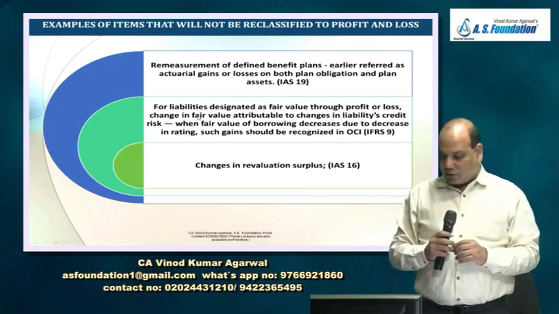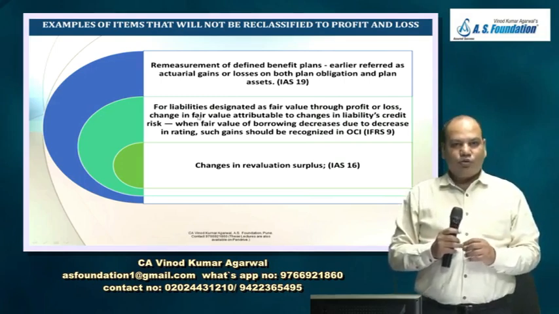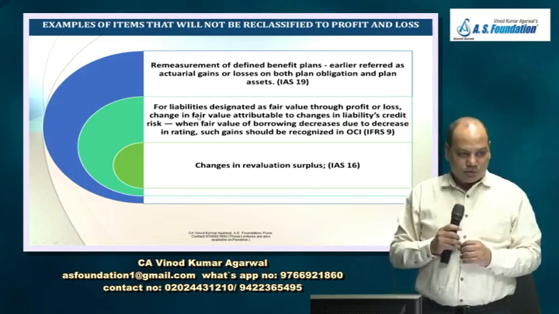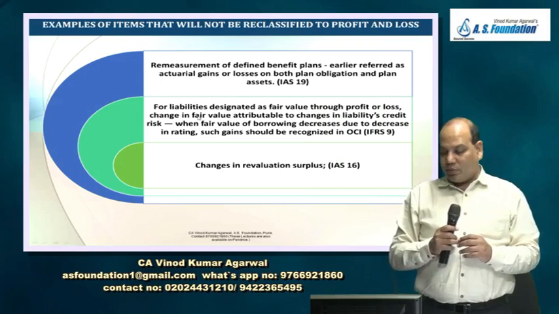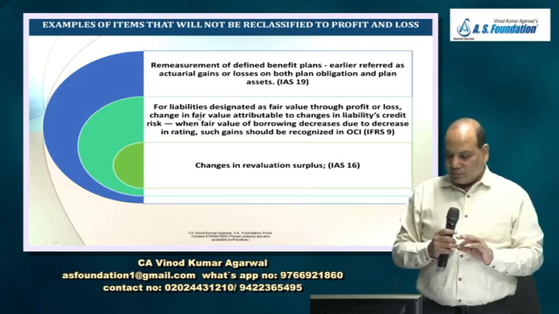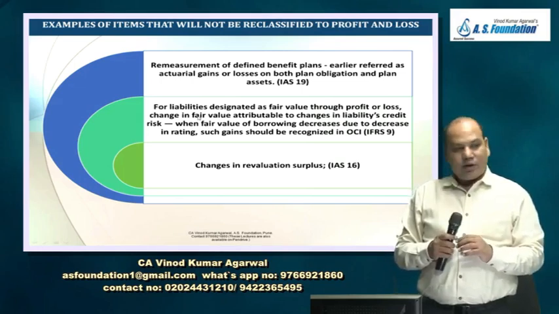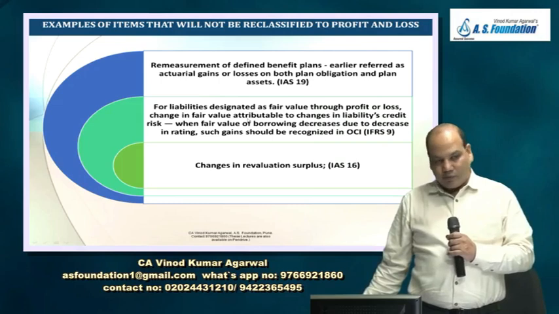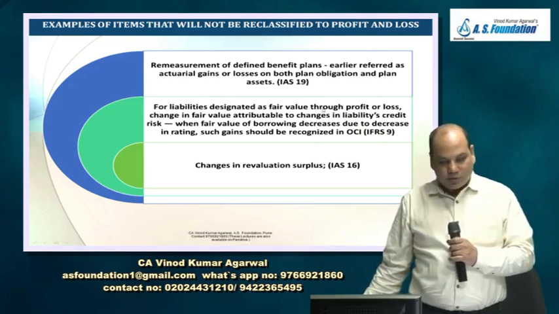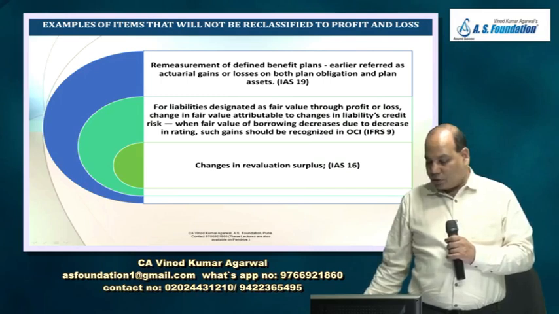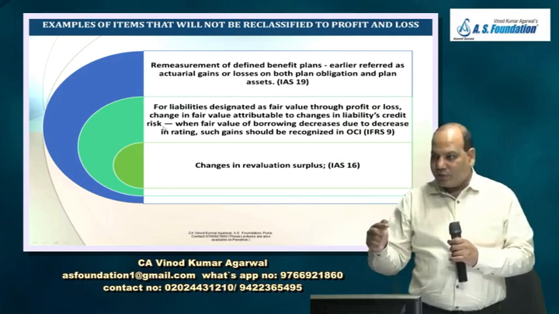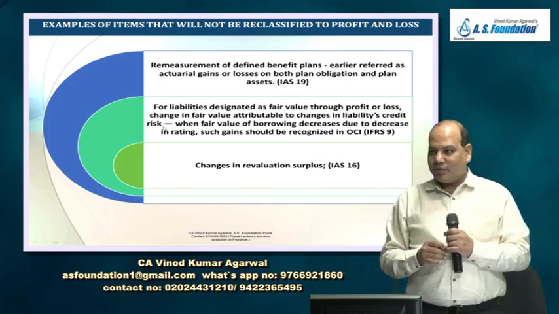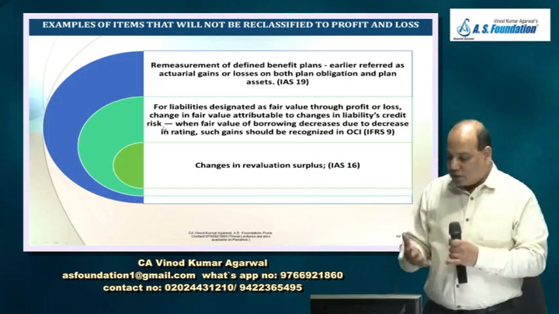Remeasurement of defined benefit plan, which was earlier known as actuarial gains or losses. Which standard deals with this? IAS 19, Employee Benefits. Then, for liabilities designated at fair value through profit or loss, FVTPL, the change in fair value attributable to change in the liability's credit risk.